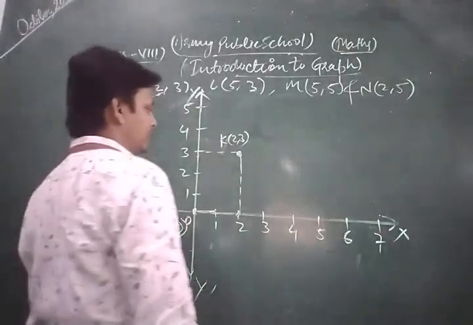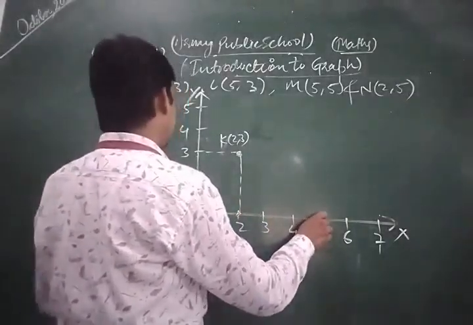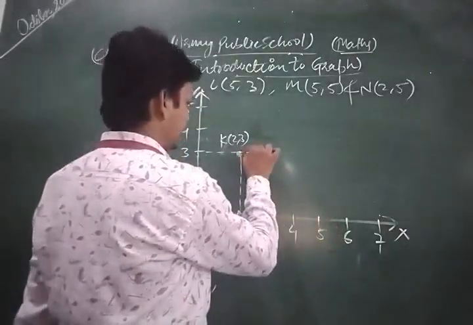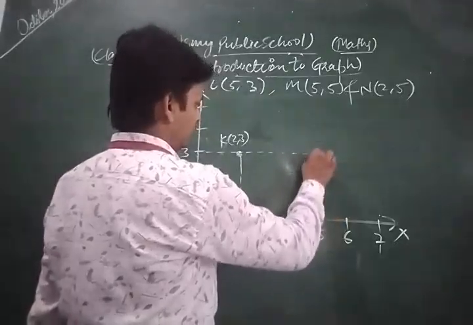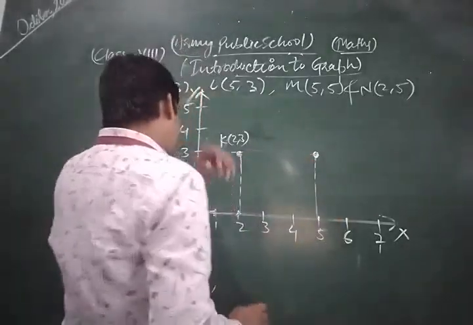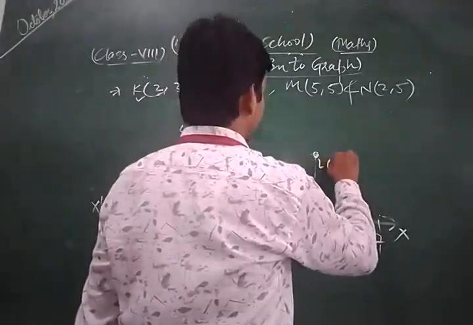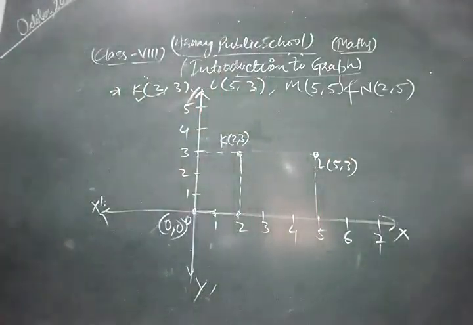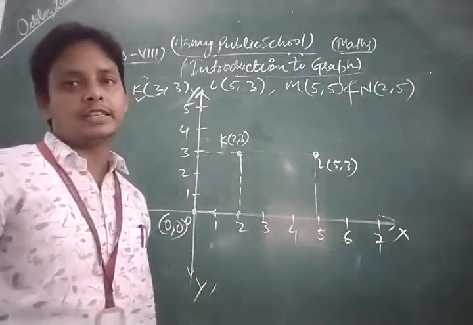Similarly, we have to draw (5, 3). So the abscissa is 5, 1 2 3 4 5, and the ordinate is 3. Here this point is L, which is (5, 3). Now M is (5, 5), which means the abscissa is 5 and the ordinate is also 5.